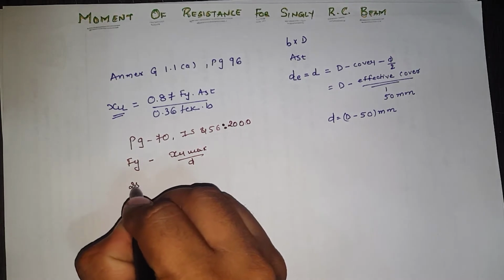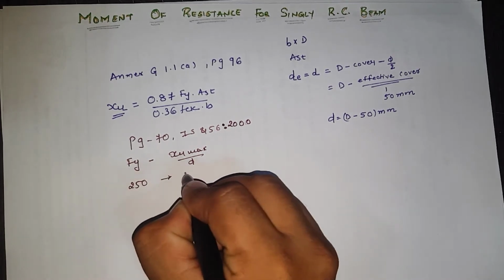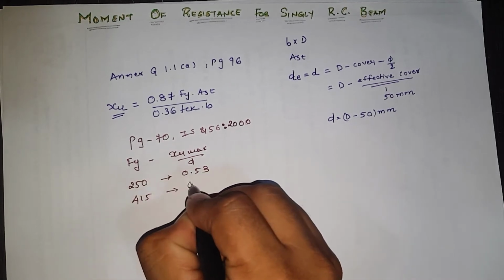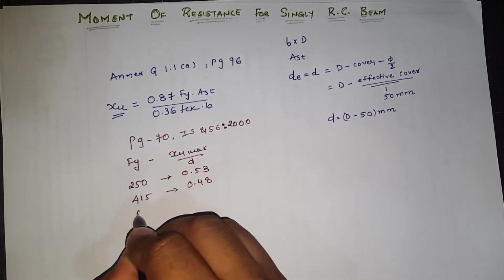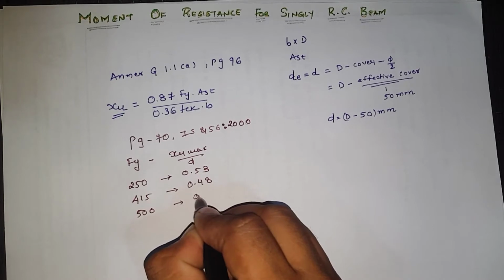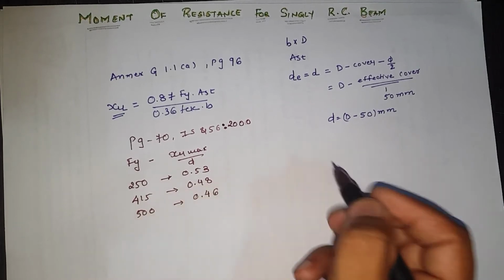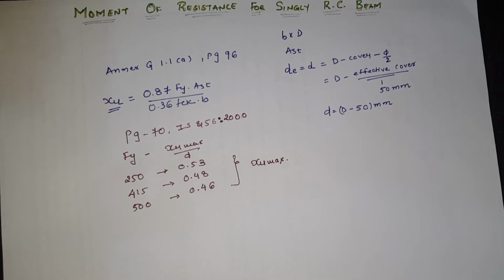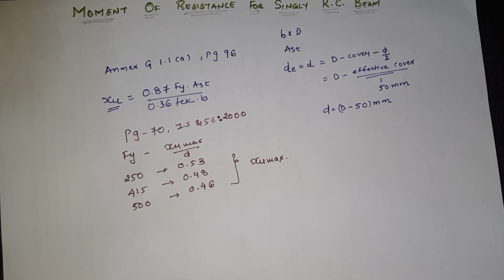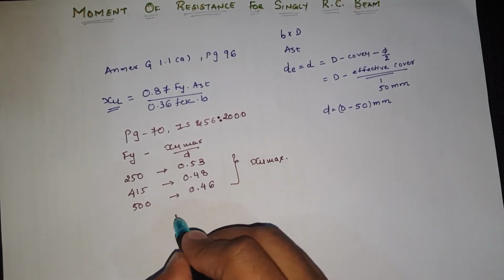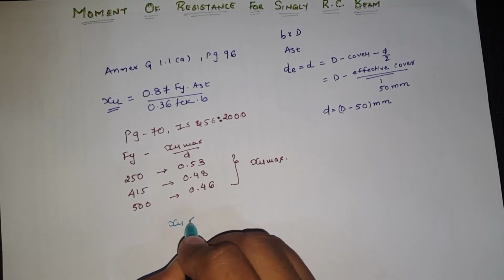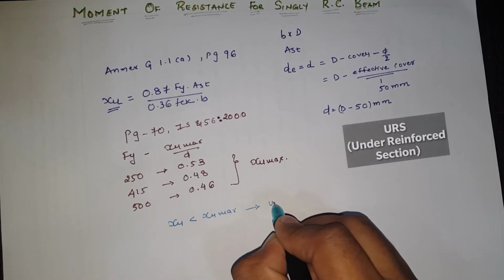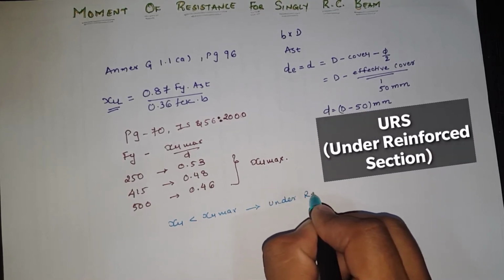It is given as 0.53 for Fe250, 0.48 for Fe415, and 0.46 for Fe500. After calculating the values of xu max and xu, we compare them. If xu is less than xu max, our section is an under reinforced section.